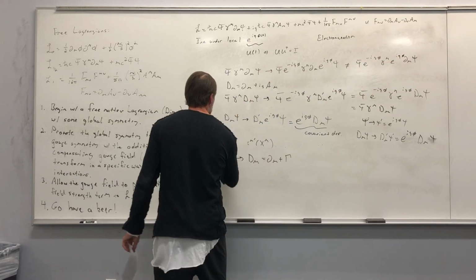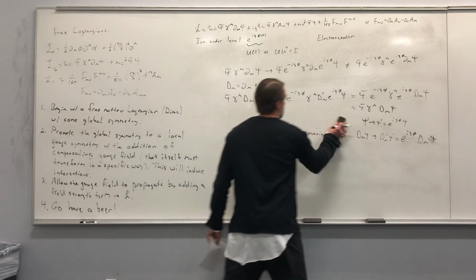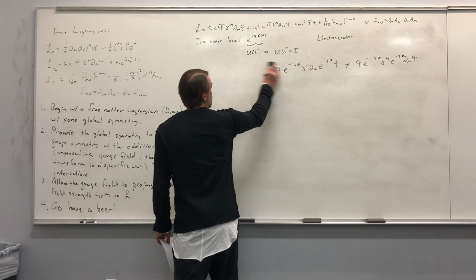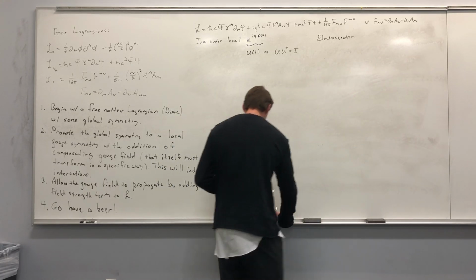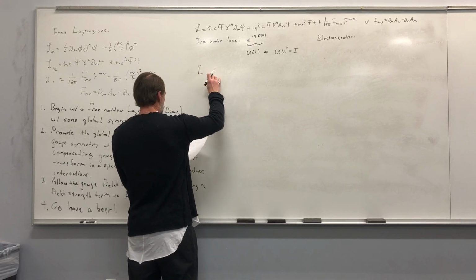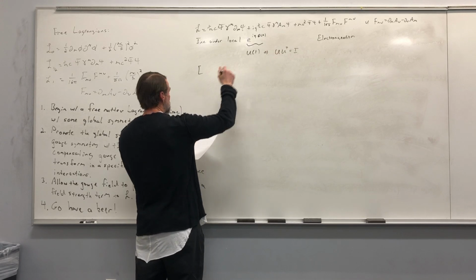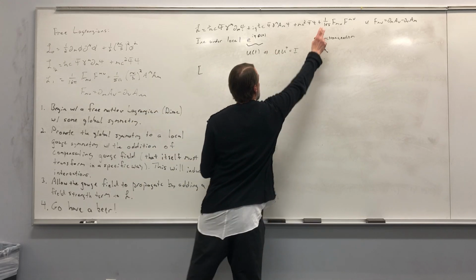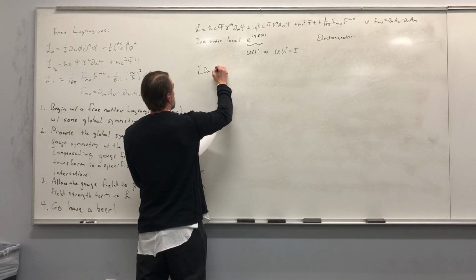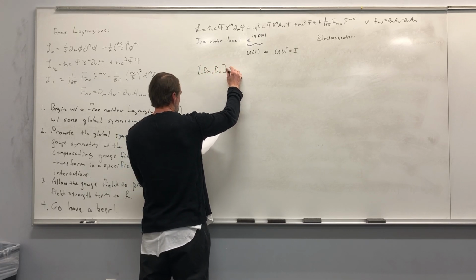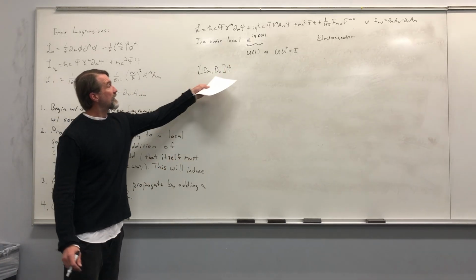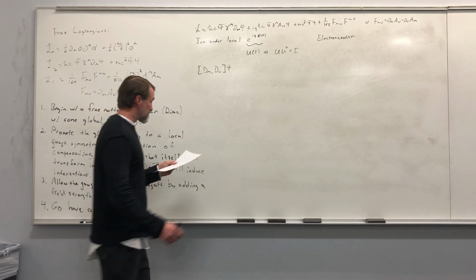So let me just very quickly run through this. I'm probably going to regret having erased what I just erased, but that's fine. To find what I need for the kinetic term of the gauge field, one way to do it, which is sort of globally universal, is to just take the commutator of 2 of the new derivatives, and then let them act on whatever the field in question is.